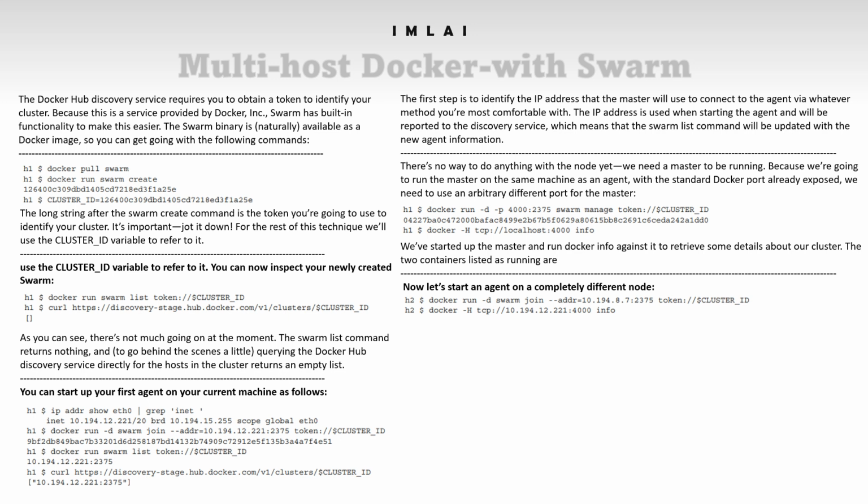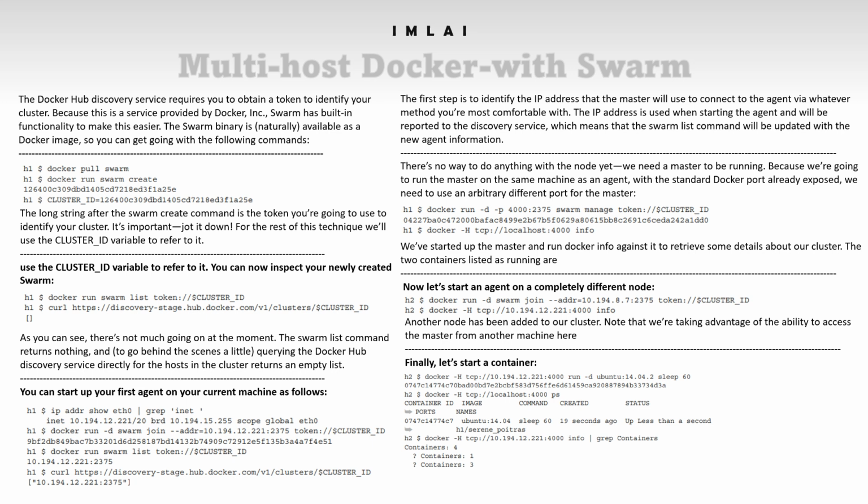So finally, let's start a container, because the cluster has been started and we have attached different nodes to that cluster, and now it's time to start a container. To start our container, we will say docker option capital H, then tcp, public IP and port, and after that run option d, detached mode, and the image name.